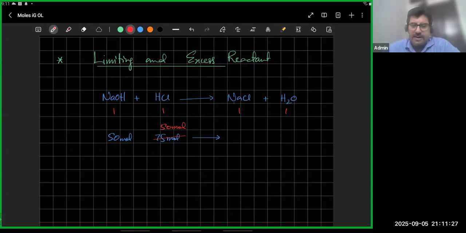They're simply not required. So 50 would react with 50, and they're going to produce 50 moles of NaCl, 1:1, and this is also going to be 50 moles. So the point is, the excess reagent is your reactant that is not used in calculations.